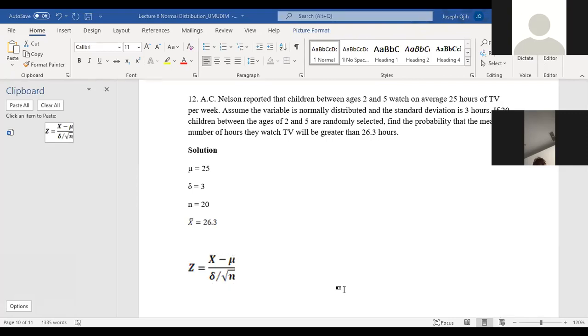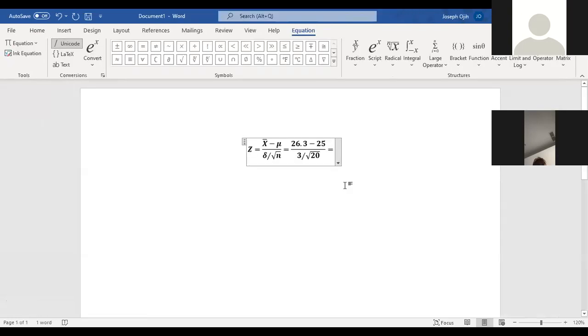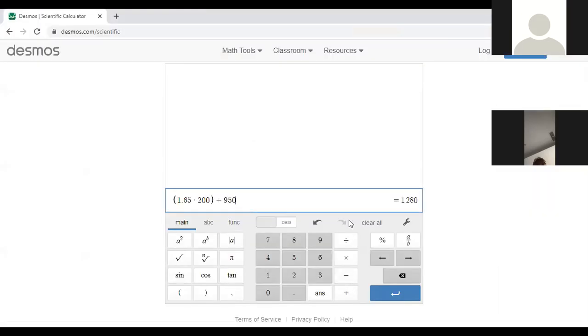So this will give us this. We're going to put it in a calculator. Okay, clear this.